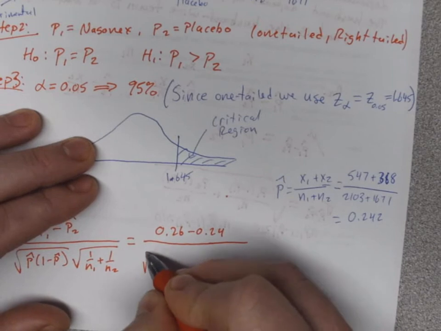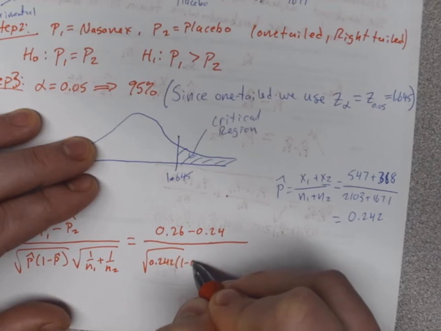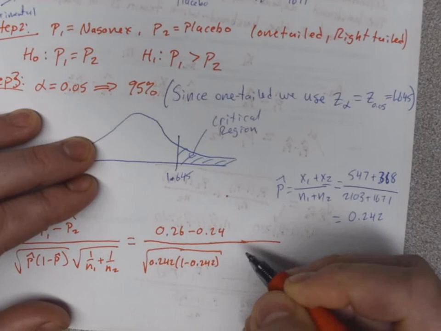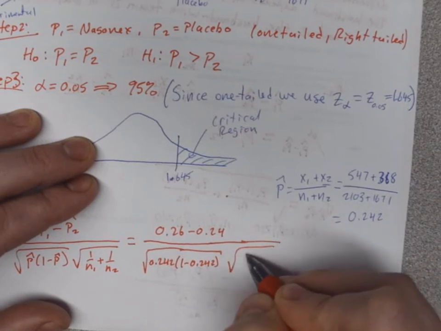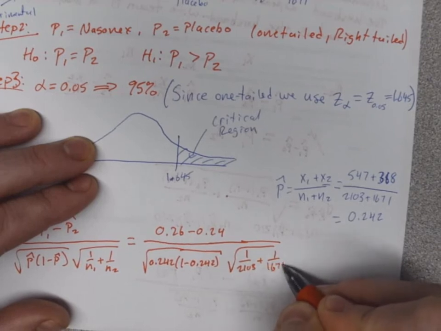So that's what we plug in down here now. So we have the square root of 0.242 times 1 minus 0.242, and then that's multiplied by the square root of 1 over n1, which is 2103, plus 1 over n2, which is 1671.